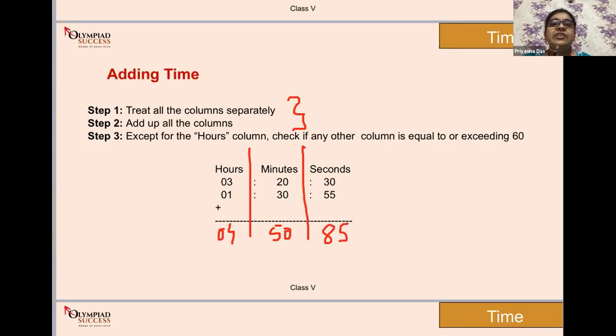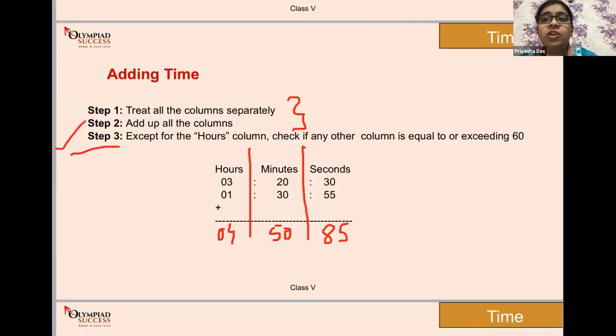Now, others, tell me, have you seen answers like this coming up? No, right? We always have seconds which are less than 60, and minutes which are less than 60, when there is an hour given to us. So what is the third step you can see on the screen?